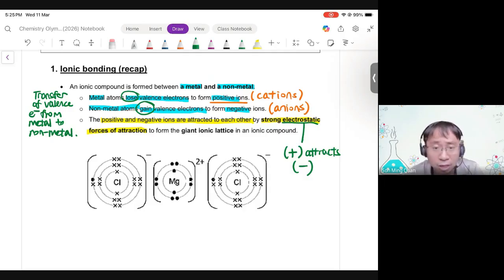Now at this juncture, whatever I'm saying right now has been covered in class. So one good way to study, of course, is to ask yourself, okay, do I really understand what is the meaning of electrostatic? Can I explain why metals lose valence electrons? Am I able to give an example of a metal that loses valence electrons? Can I explain why is it that when you lose valence electrons, it forms a positive charge?